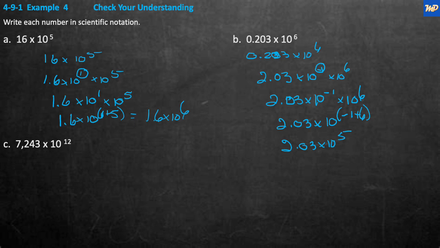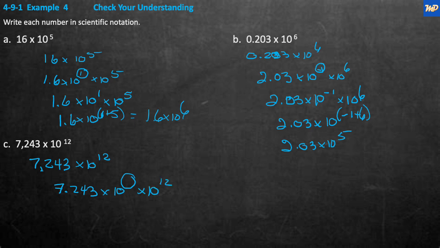Let's do this one over here, C. We have 7,243 times 10 to the 12th. So now we're going to convert this number to scientific notation. Just the number part, not the power, right? So we want 7.243 times 10 to the something times 10 to the 12th.